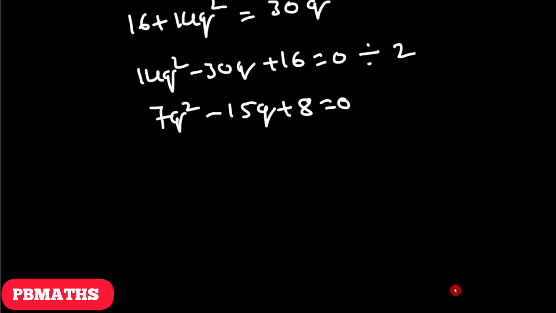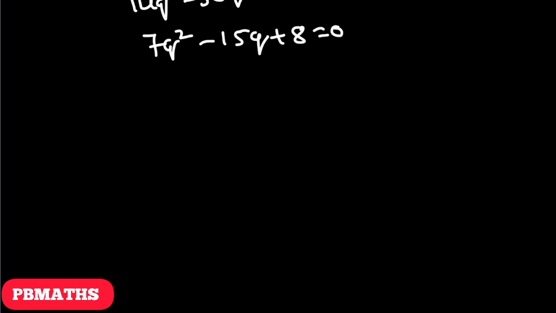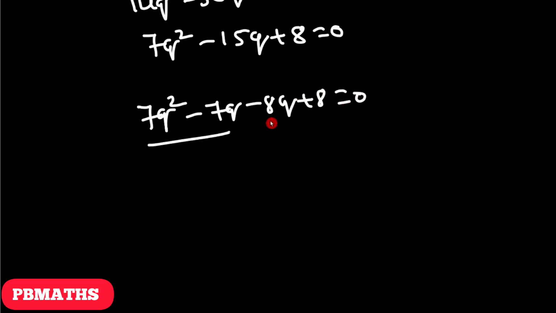Now we have a quadratic equation. Let's solve it using the splitting the middle term method. Then we get 7q square minus 7q minus 8q plus 8 equals 0.